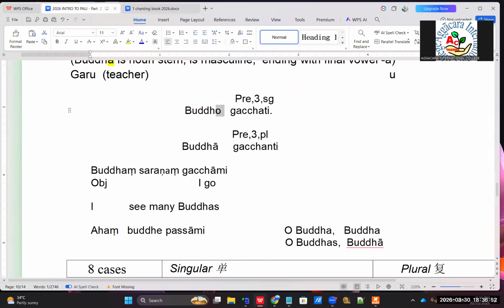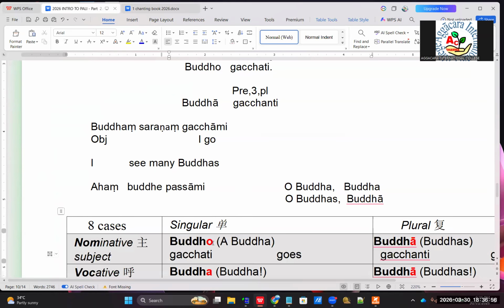Now Buddho, you must put O. Why? Because singular is Buddho and Buddha is plural. So you must say Buddho gacchati, Buddha gacchanti. All right, say follow me. Buddho gacchati, Buddha gacchanti. Right? So this will cover the first one.